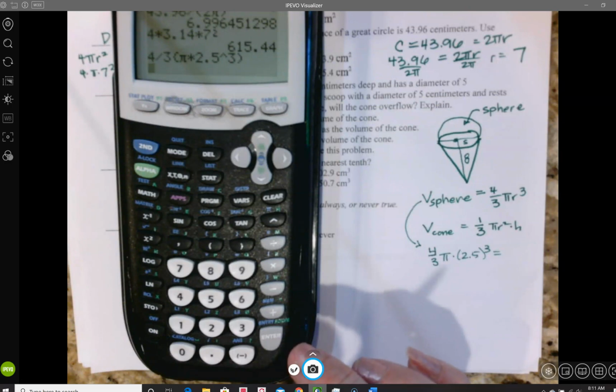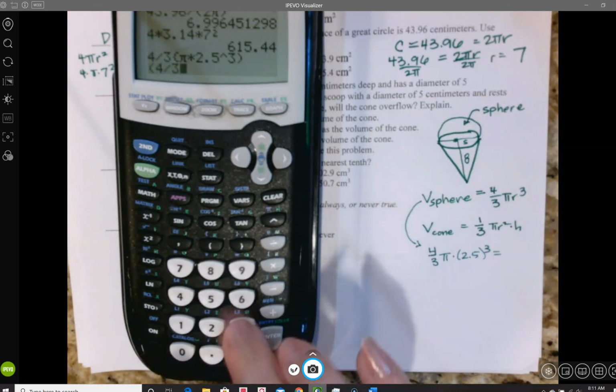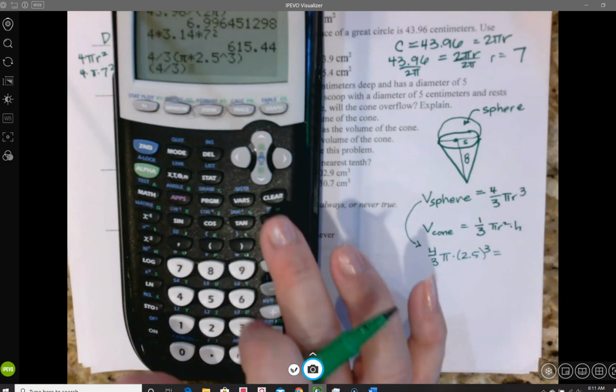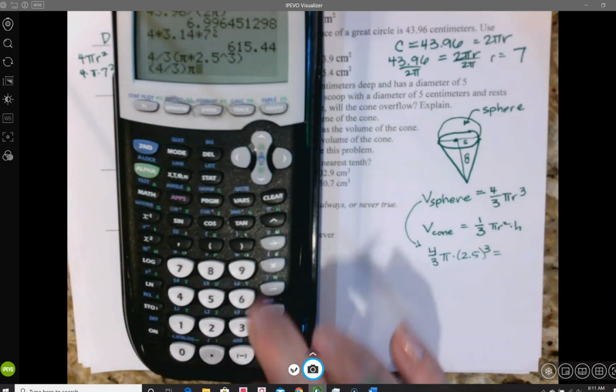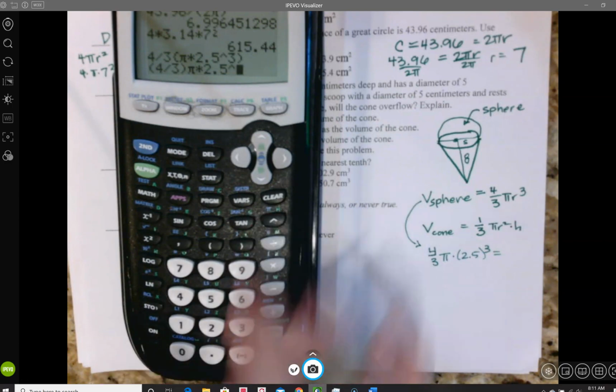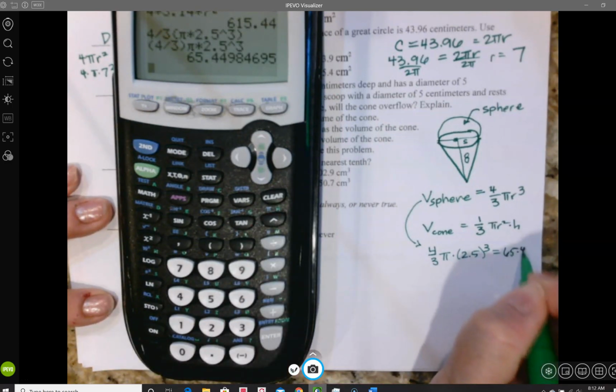I'm going to do my fraction in parentheses like I'm supposed to. 4/3 pi times 2.5 to the third. Let's see what happens there. All right, so that's 65.45.